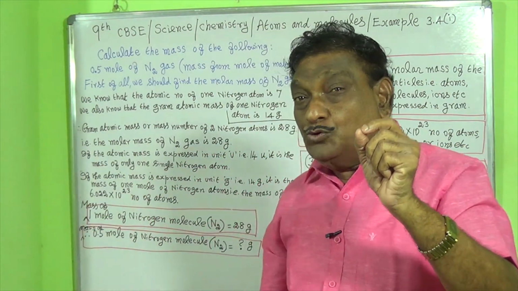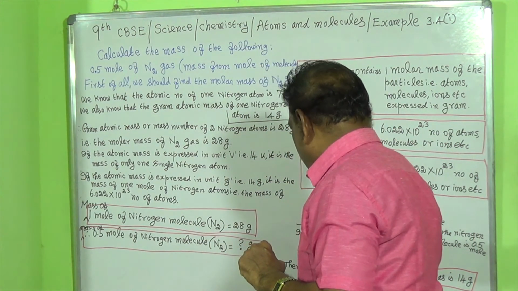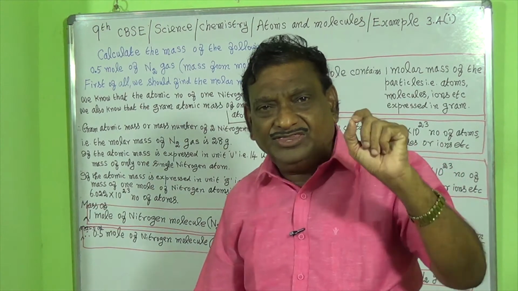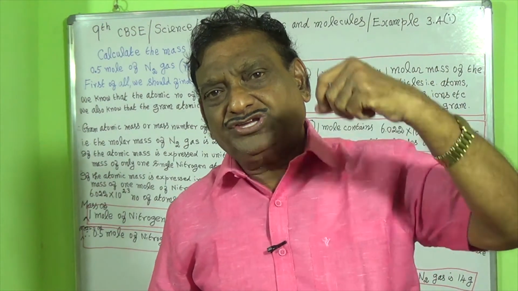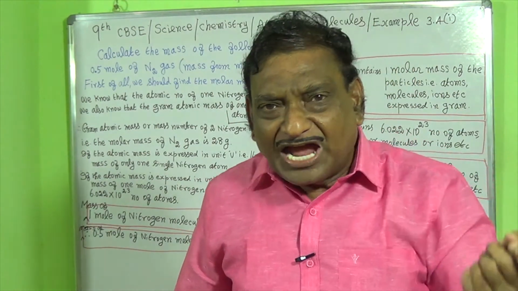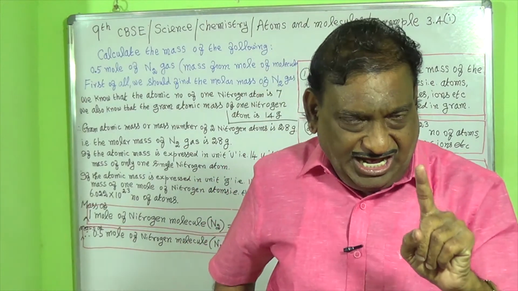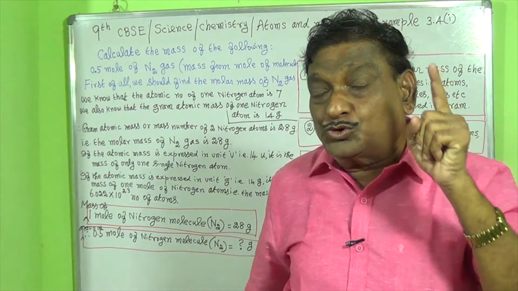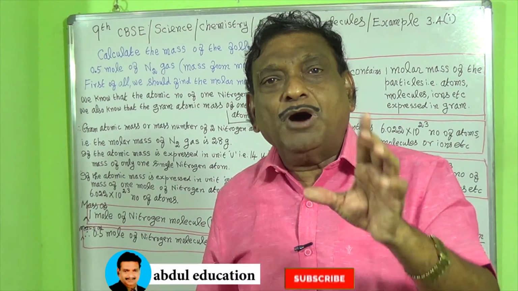So, we have to convert the first equation into a fraction. How can we convert the equation into a fraction? That is, equation relation into the fractional relation. First, we should decide whether we have to find the number of moles or the mass.